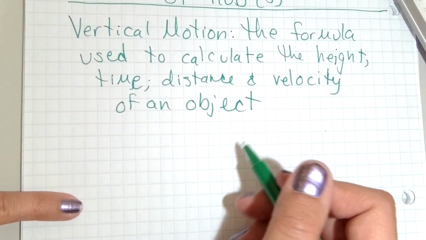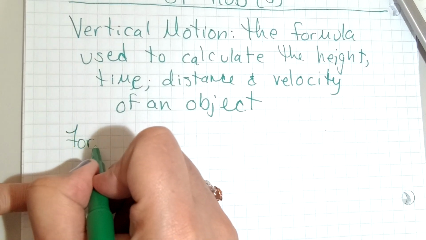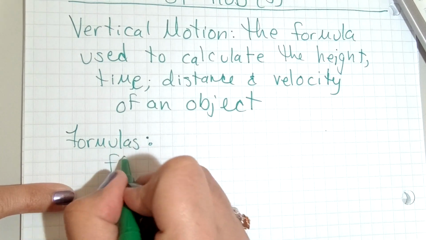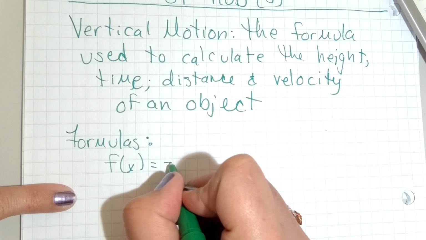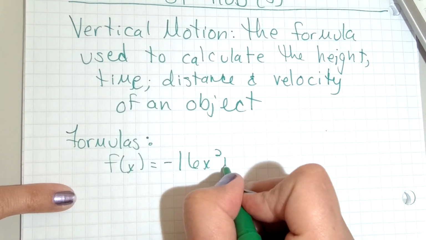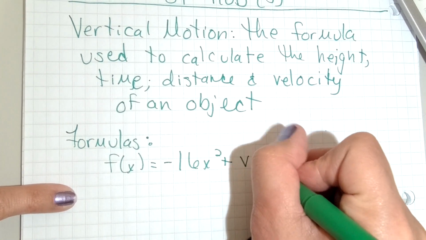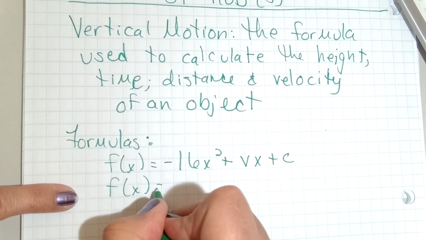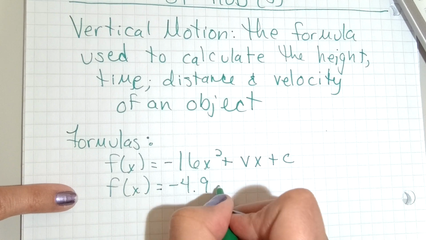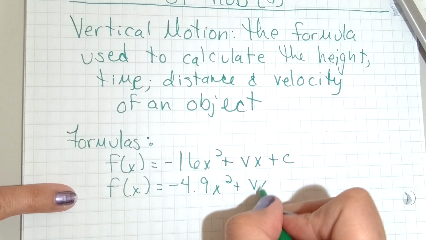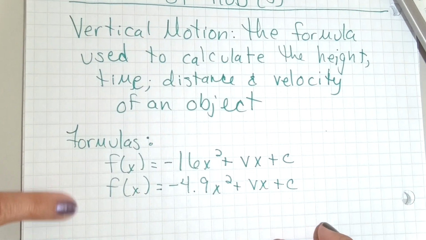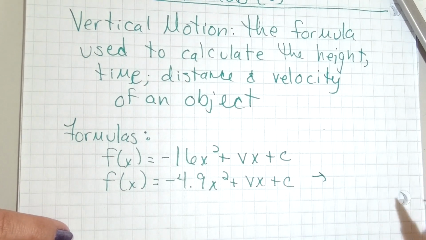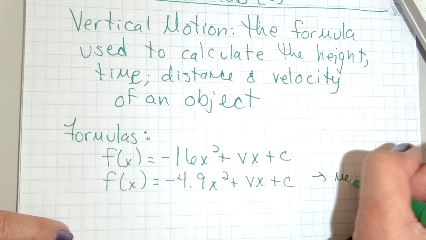The formulas we're going to use are as follows. We're going to have f of x is equal to negative 16x squared plus vx plus c. And f of x is equal to negative 4.9x squared plus vx plus c. This bottom formula is going to be used for metric measurements.